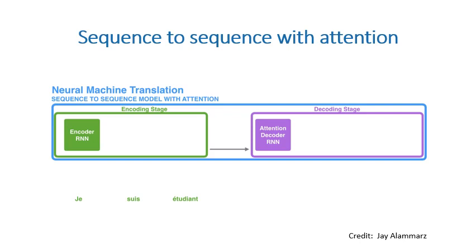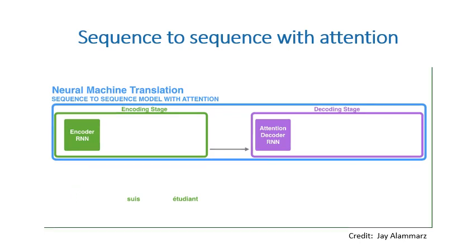Okay, so let's look at a sequence-to-sequence model with attention at a high level. In the vanilla sequence-to-sequence model, I was feeding this word, but eventually I had one vector passing to the decoder.